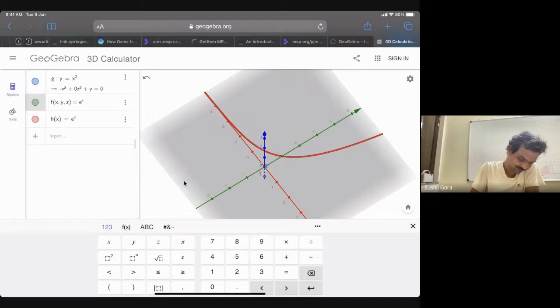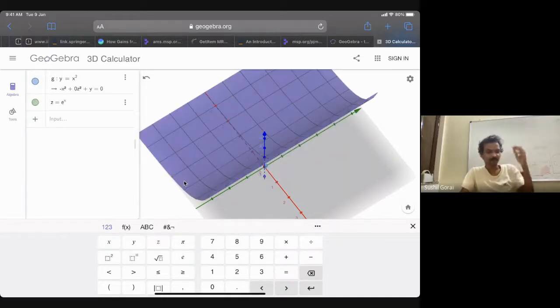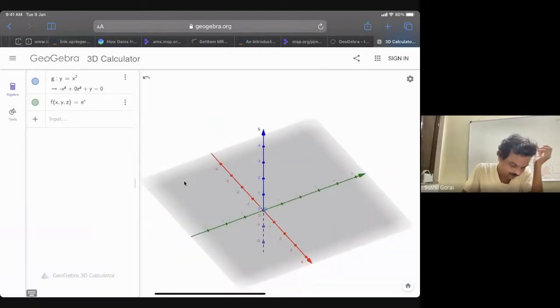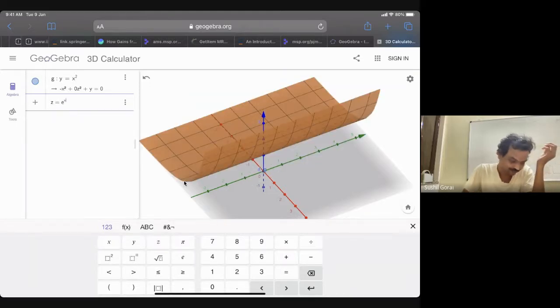What is happening? There's some problem. So this one I should remove, this one also. z equal to e power x. What's going on?